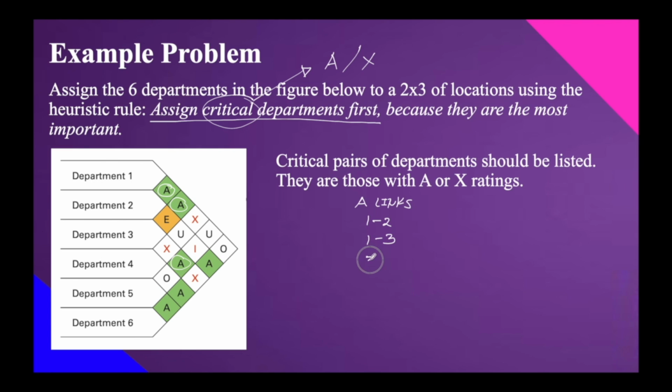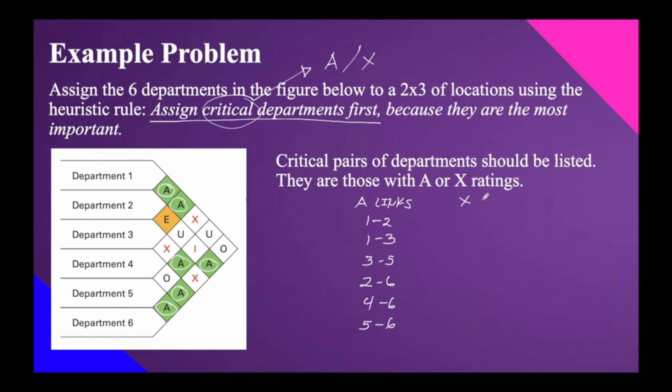Next, we have Department 2 to 6. Next, we have Department 4 to 6. Letter A din siya. And lastly, we have Department 5 to 6. Okay, so they should be close with each other.